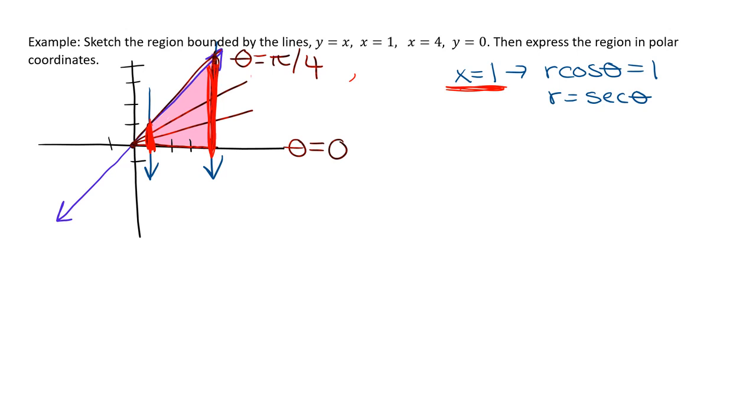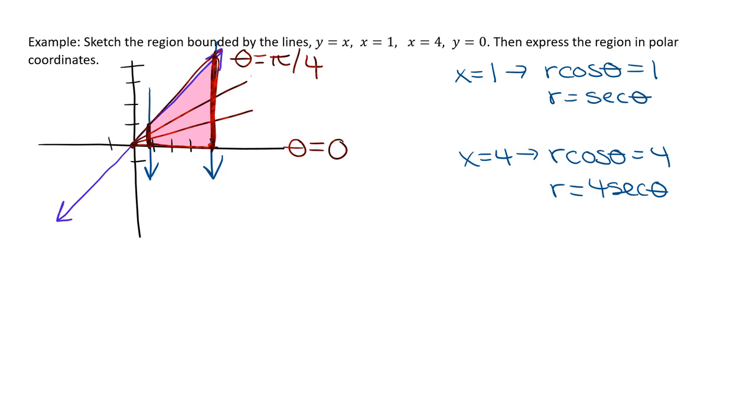So now I've got r cosine theta equals 1. And then I can even solve for r by dividing by cosine. So r equals 1 over cosine theta, we could also write that as r equals secant theta. So my distance from the origin starts right here at x equals 1, which in polar coordinates is equivalent to r equals secant theta.